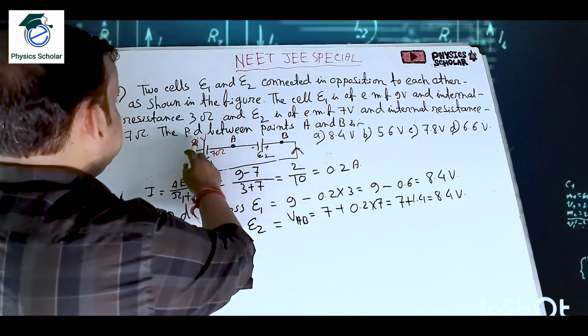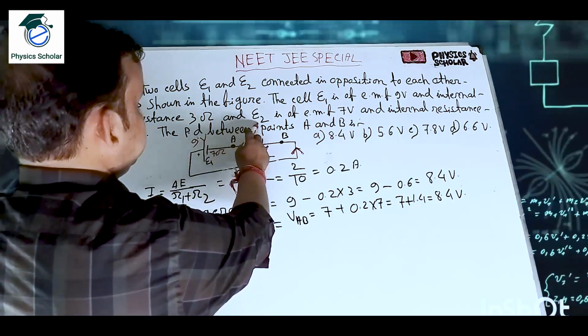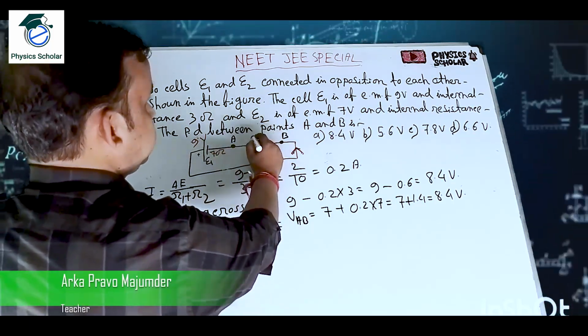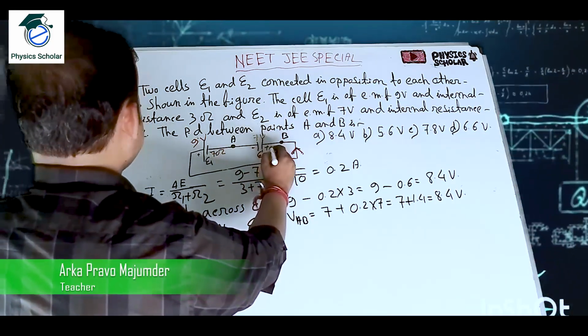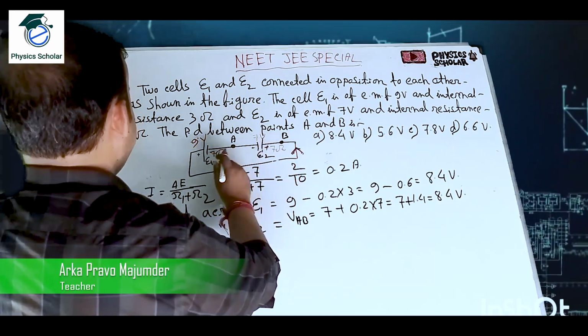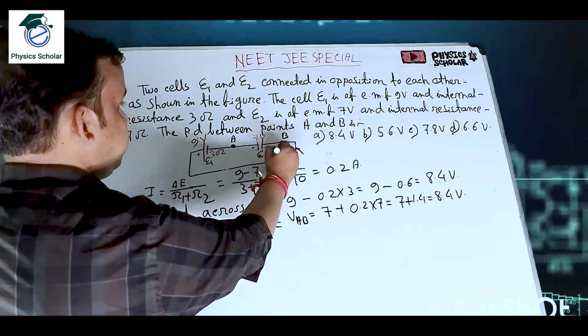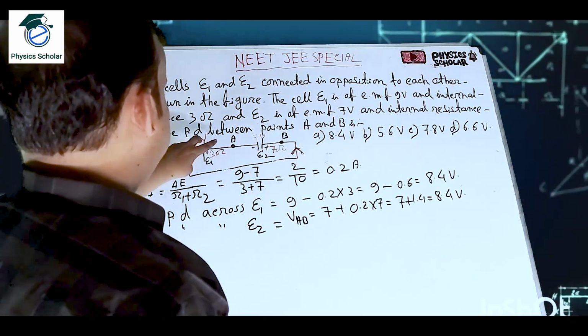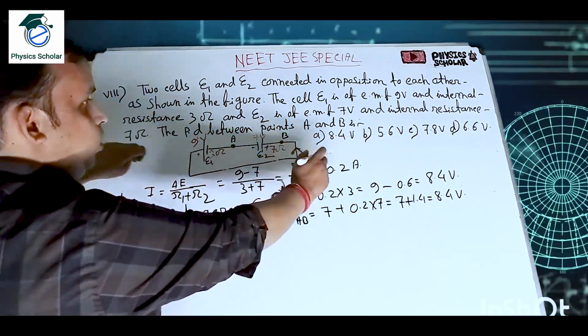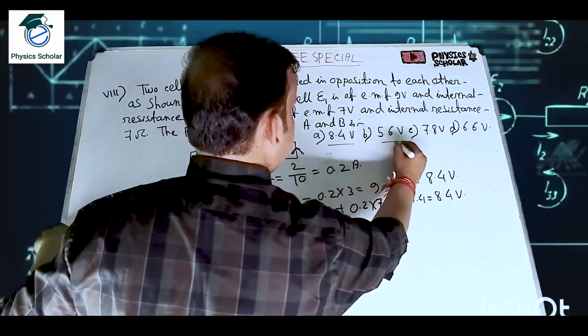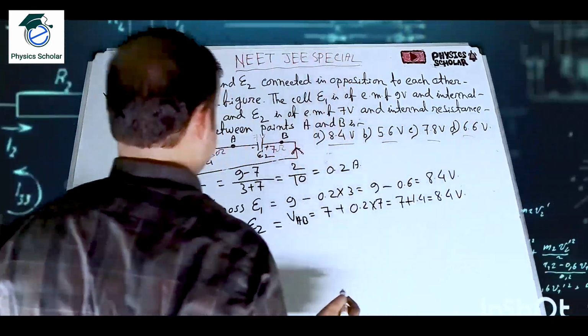Epsilon 2 has 7 volt and an internal resistance of 3 ohms. We have to find the potential between A and B. The four options are 8.4, 5.6, 7.8, 6.6.